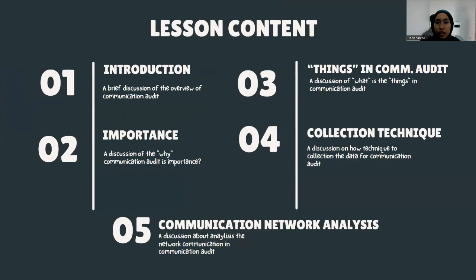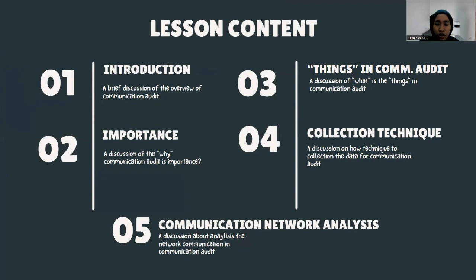For the content, I would like to share. There are 5 points. The first one is introduction. It's about the overview of communication audit. The second one is the importance of communication audit.